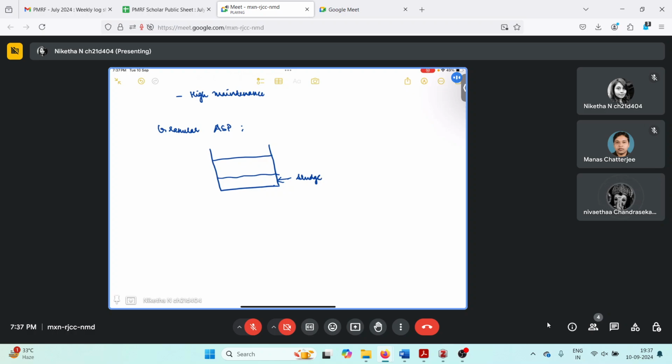So if we give enough time for the sludge, and enough aeration has been given, then the sludge tends to become dense. Now, what do we mean by sludge becoming dense? It is getting more and more solid, and the volume is less.